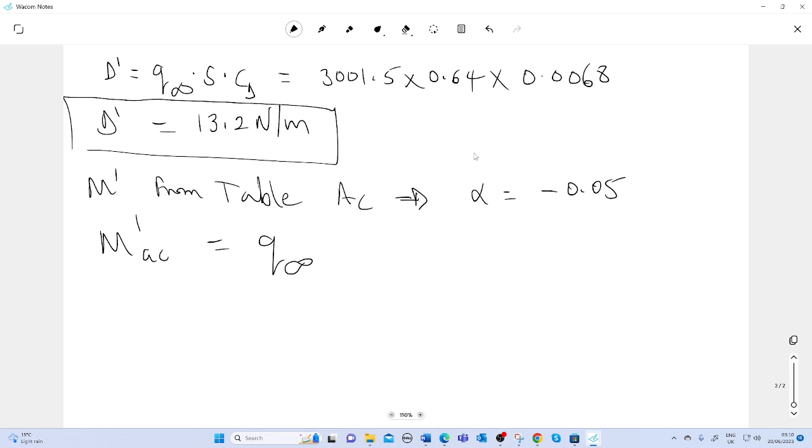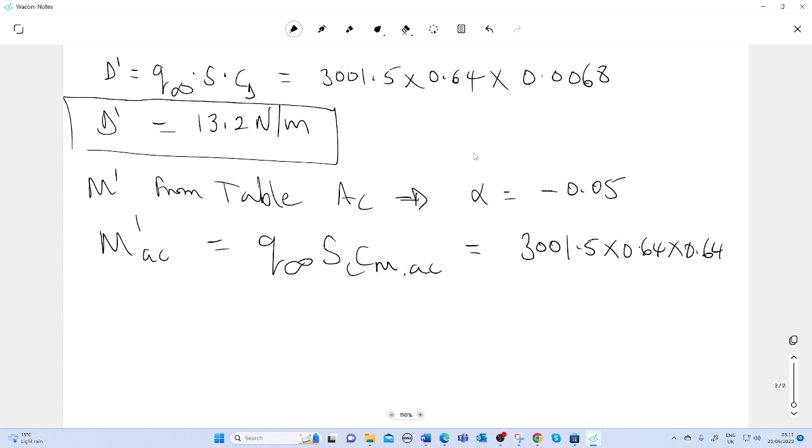The moment per unit span equals dynamic pressure multiplied by the chord length, multiplied by the chord length again, multiplied by the moment coefficient at the aerodynamic center.